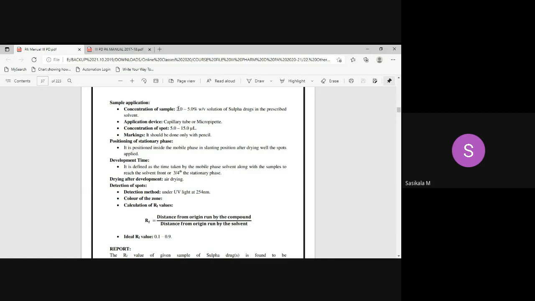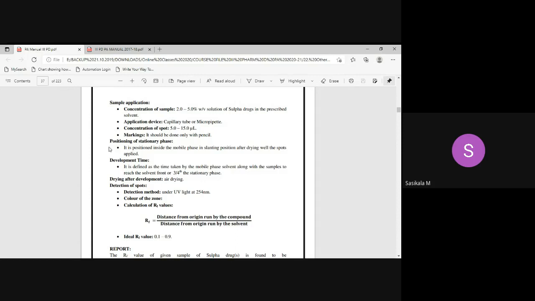Concentration varies from 2 to 5 gram; percent represents 100 ml, so the volume of solvent will be 100 ml, and 2 gram to 5 gram will be the weight of your sample. That is called a 2 to 5% weight by volume solution. Application device: capillary tube for qualitative purpose, where 1 to 3 drops of sample can be spotted, and micropipette for quantitative purpose, where 5 to 15 microliter is spotted.